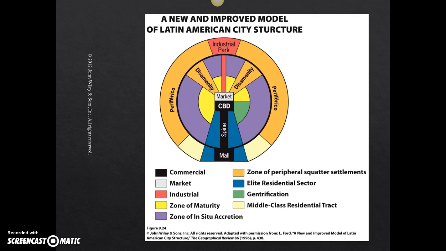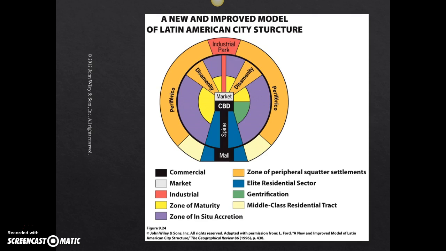Right? And then around them, they call it a zone of maturity, but really it's a continuation of some of what we see there, where people are trying to move into the wealthier areas nearer to the center, nearer to the wealthy people, nearer to the central business district.